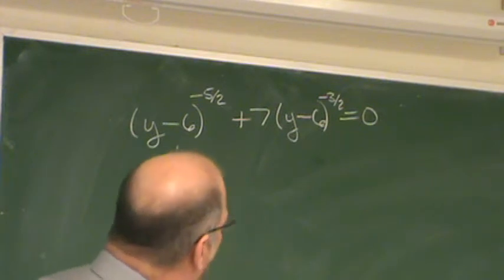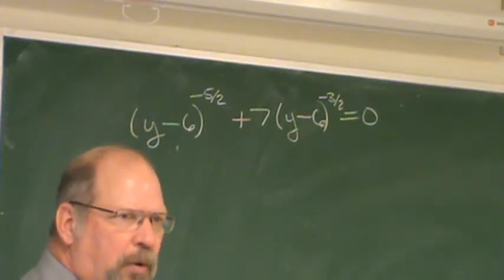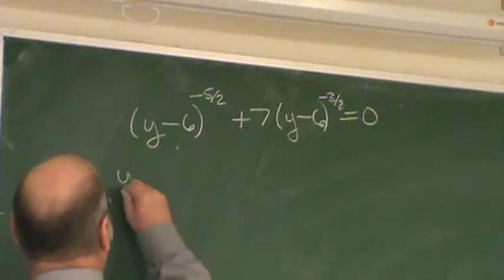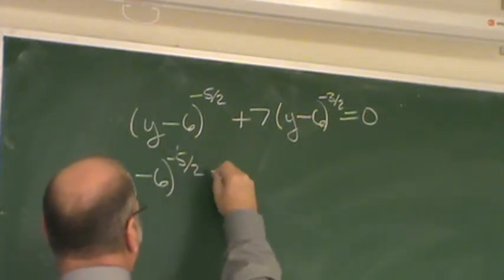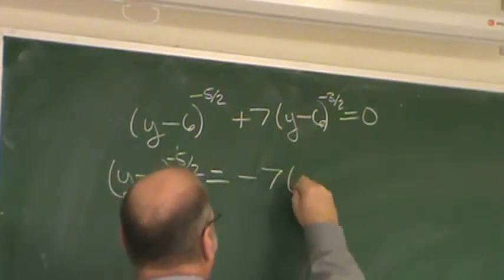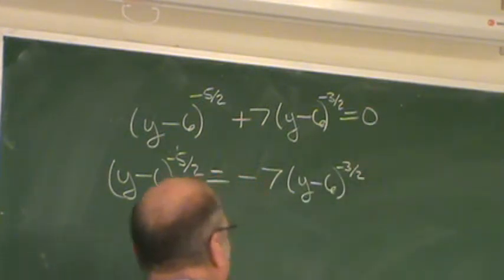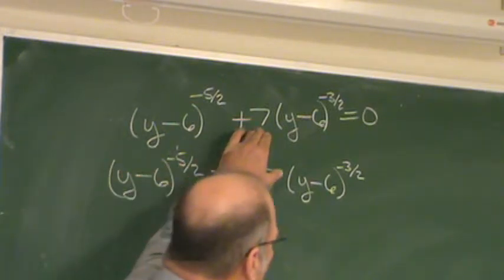Because I've got y minus 6 and y minus 6, I'm going to handle this a little bit different than what you normally would. I'm going to write y minus 6 to the negative 5 halves equals negative 7 times y minus 6 to the negative 3 halves. Add the negative of this term to both sides.